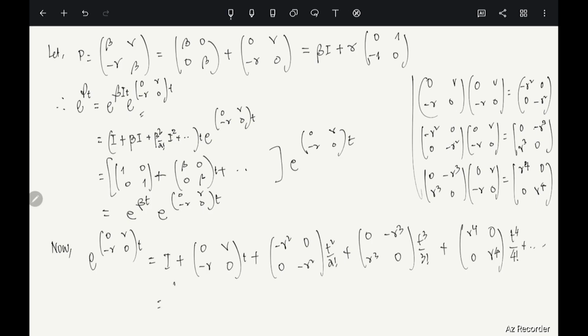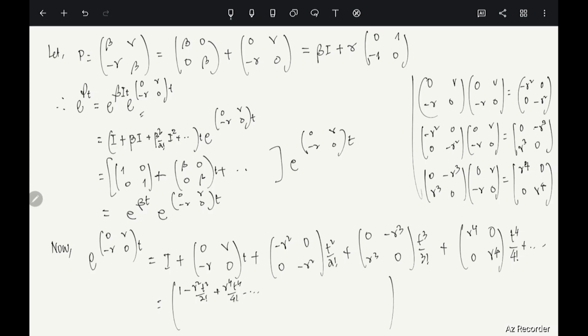Now what is the first term? It is 1, the second term is not there, minus gamma square t square by 2 factorial. The third term is not there, the fourth term is plus gamma power 4 t to the power 4 by 4 factorial, and it goes on like this.